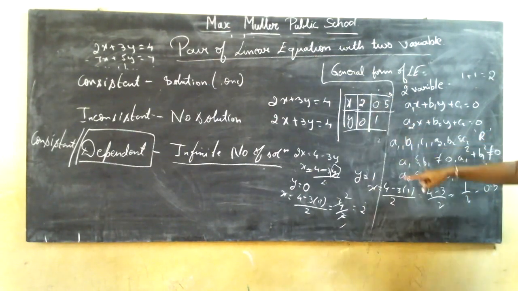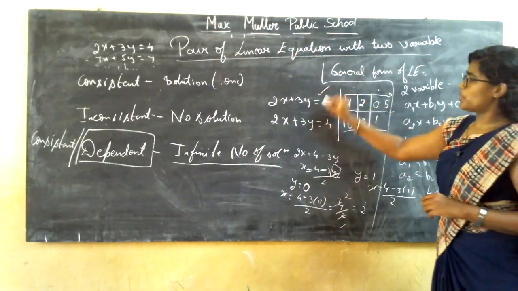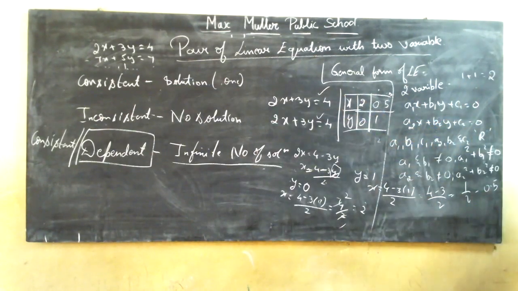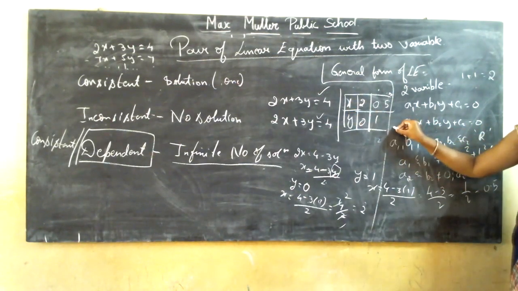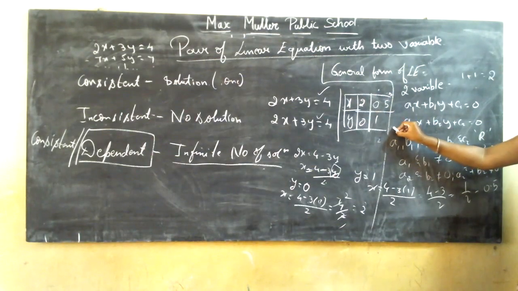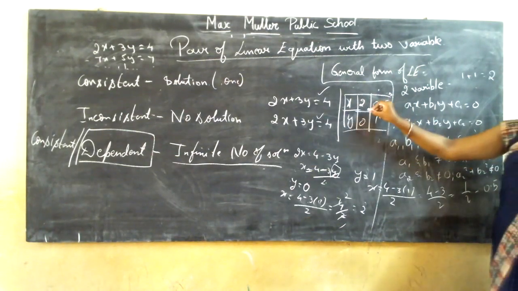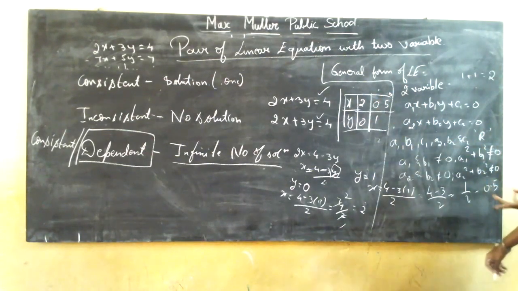See here, both equations have the same numbers. 2x plus 3y is equal to 4, and the other equation is also the same. If both equations are the same, then you get the coordinate points, that is x and y values, at the same points. If y is equal to 0, then x will be 2.